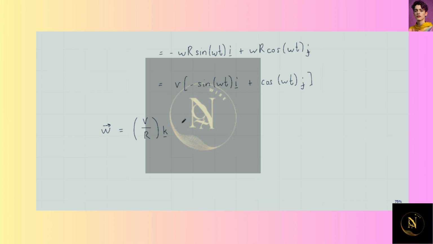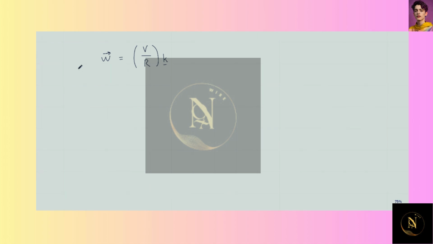So we can take the cross product omega cross r as follows. For the cross product, we'll use the method of cofactors here.